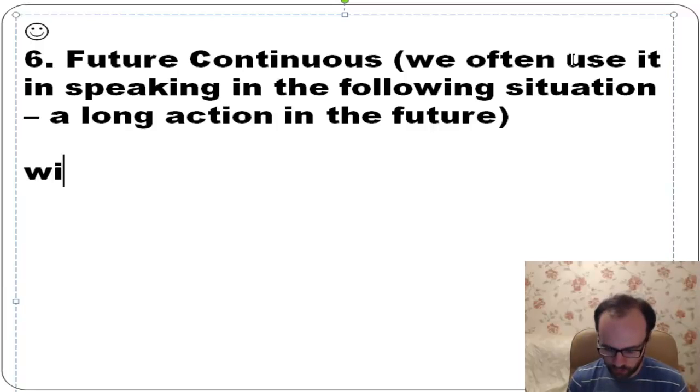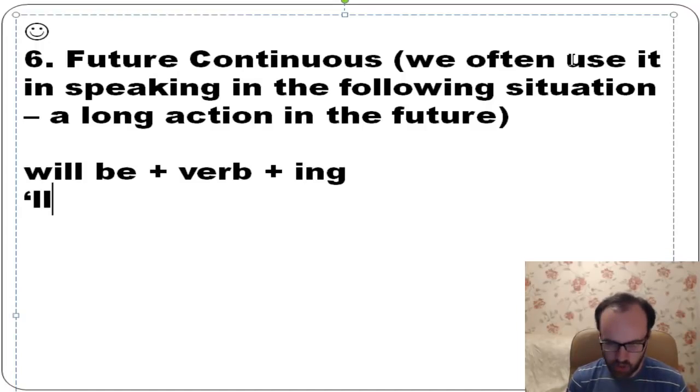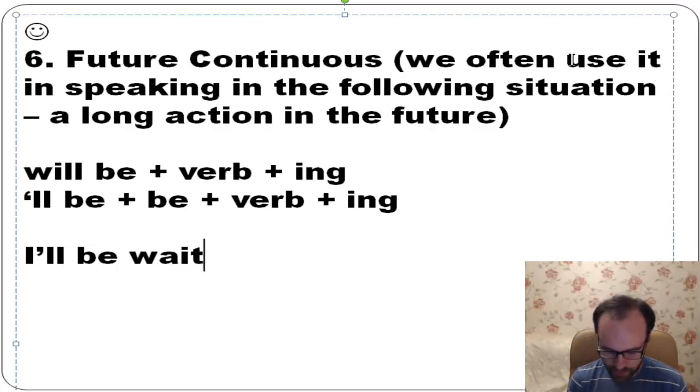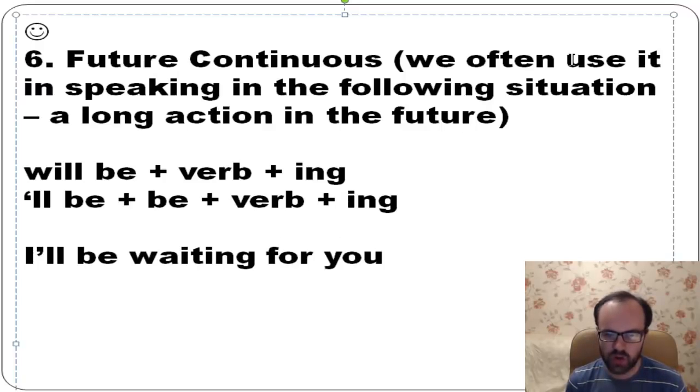So how do we form it? Will be plus verb plus ing. Or we can use a short form, 'll be plus verb plus ing. Look, I'll be waiting for you.